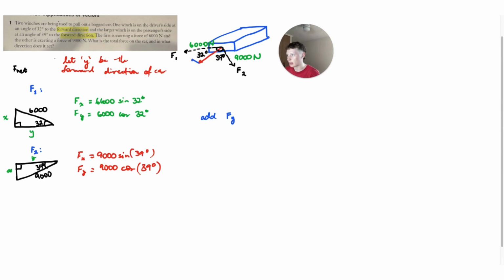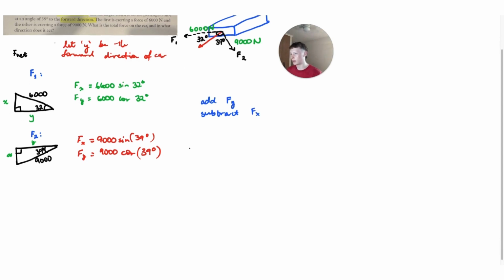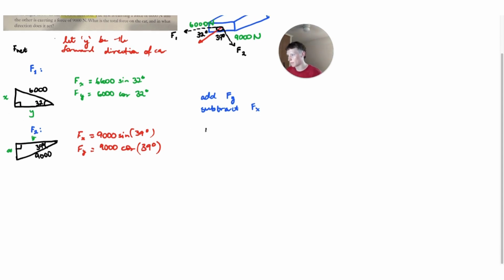It's like that and then like that. So we're going to subtract those and find the net. So we're going to subtract the X components.